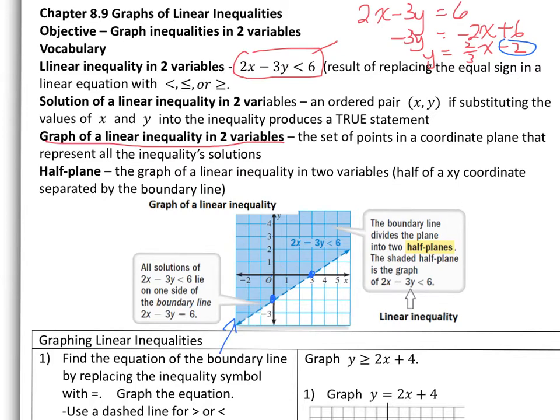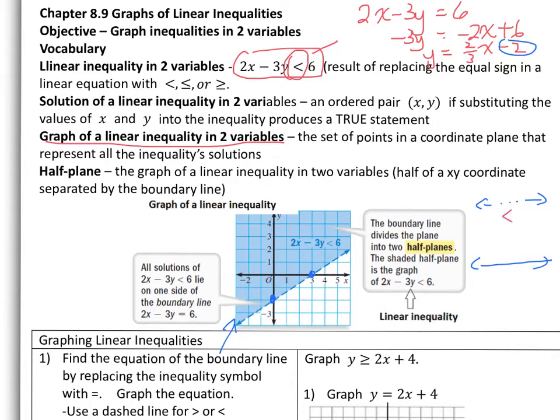graph for this line. However, I need to think about whether I should make this line dotted or solid. To determine that, I will need to go back to the linear inequality in two variables and look at my inequality sign. I realize that it's a less than sign without the little line below.